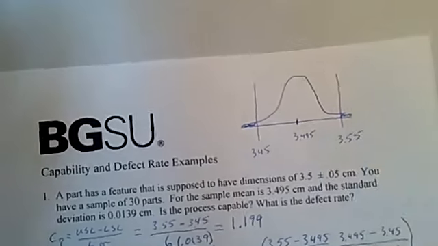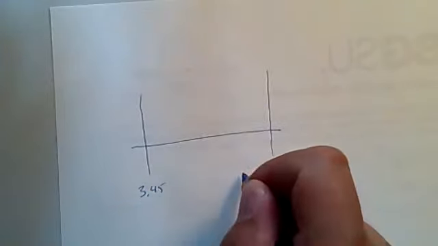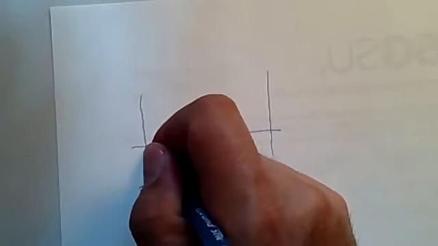But let me flip this over and show why the Cp and Cpk are used. So I'm going to draw a specification band. We'll use the one we're on for this problem. This is 3.45. This is 3.55. And I'm going to draw basically what we have.